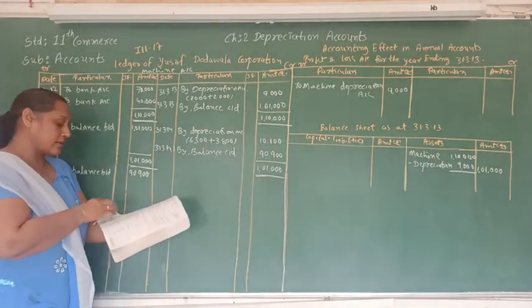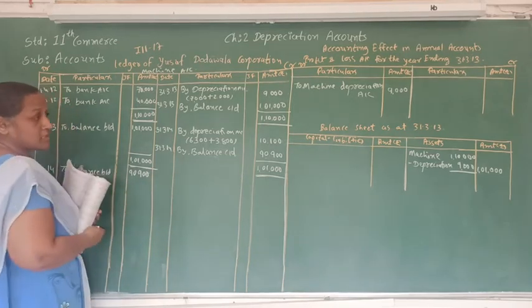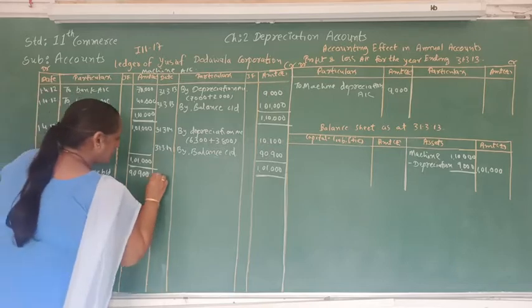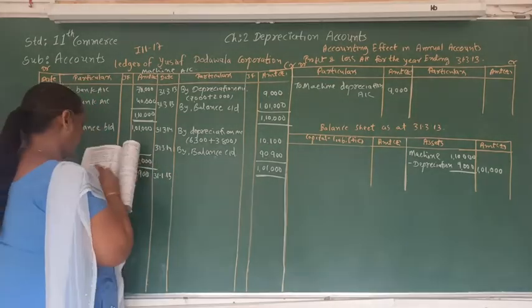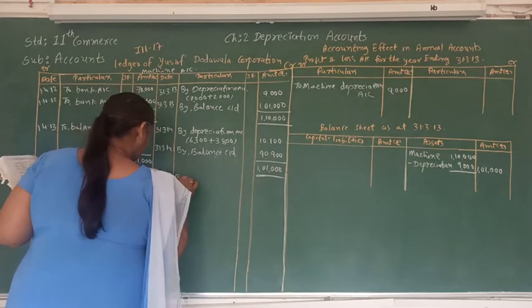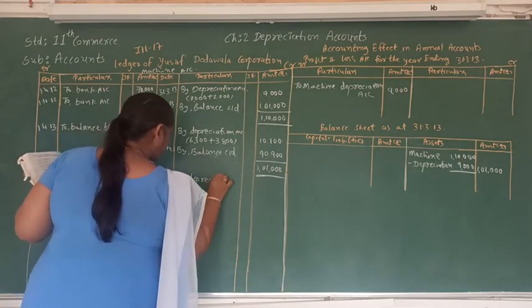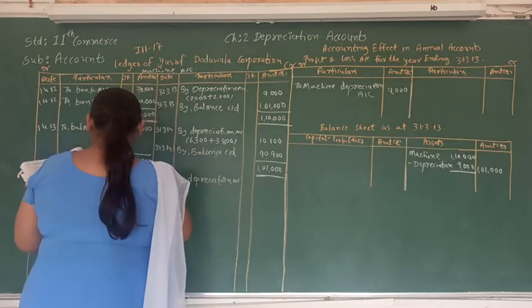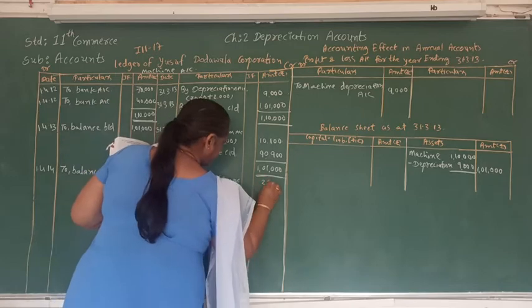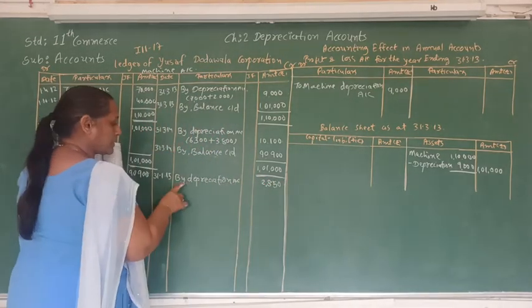Now, as we know, before the end of the third year, the second machine was sold on 31/1/15, and for that we have already calculated the depreciation. Depreciation account is to 2,850. This is the depreciation for the machine that is sold.